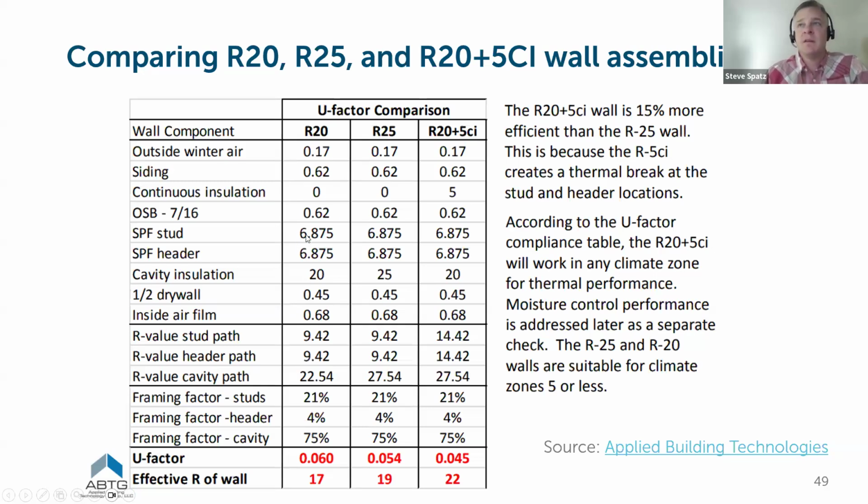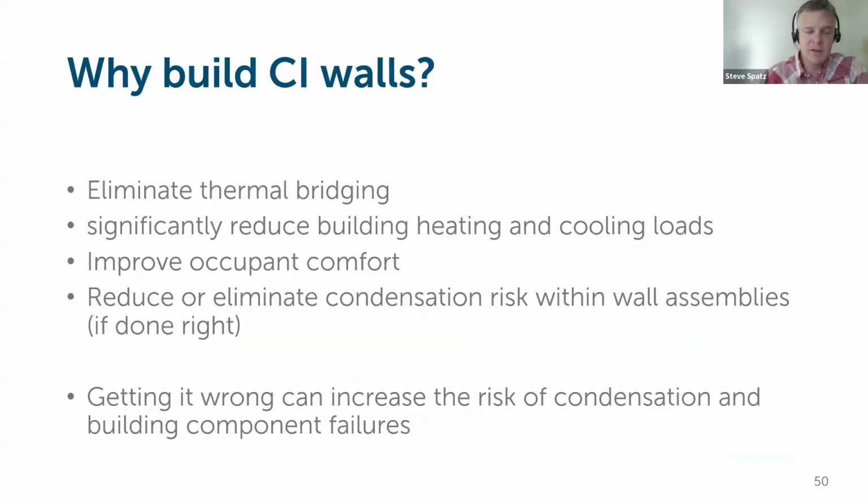So taking in the characteristics of each layer and each component and the percentage of the building of those components, that is, framing versus cavity, etc., generates a U-factor for the assembly. For above grade walls, we need to come in at a U-factor of under 0.044. The higher the U-factor, the less performing the assembly is. The lower the U-factor, the better.